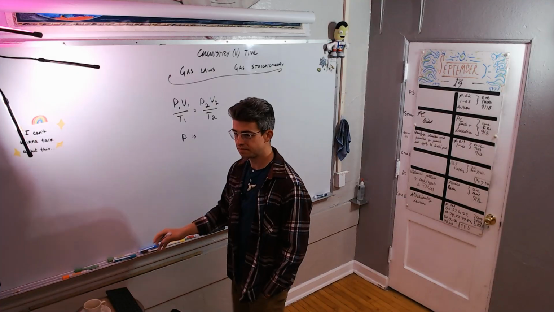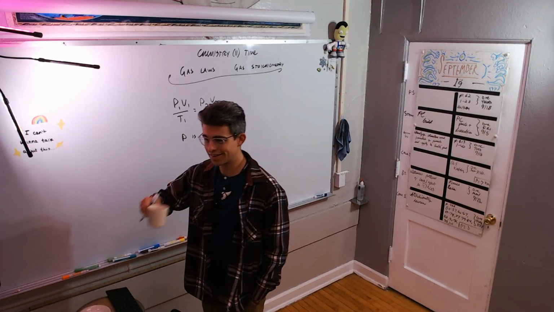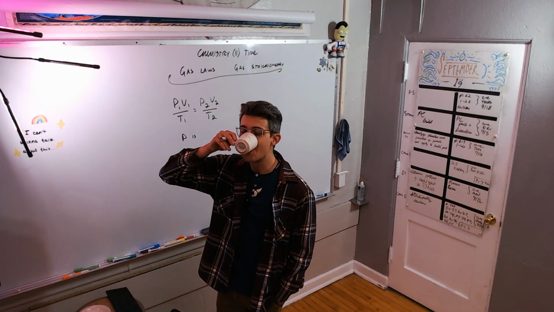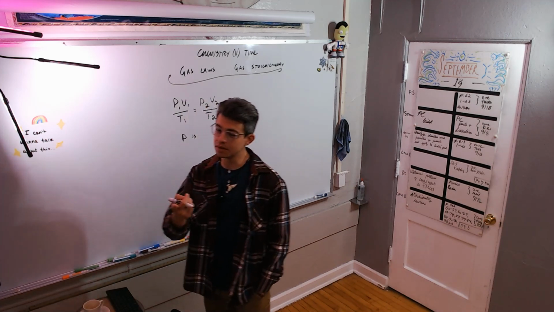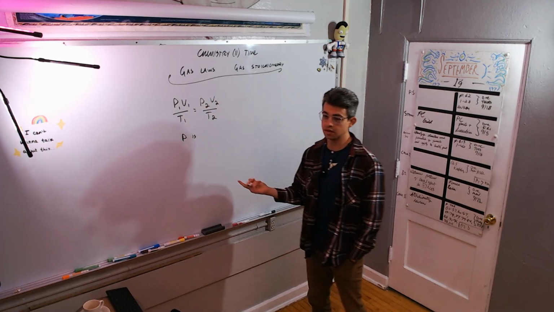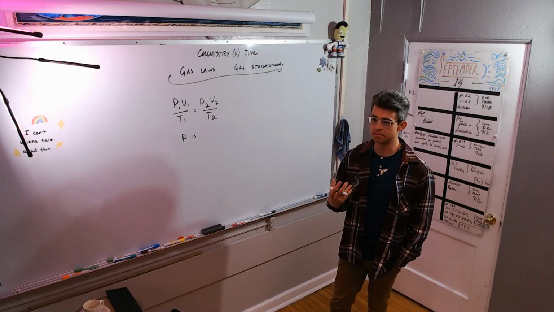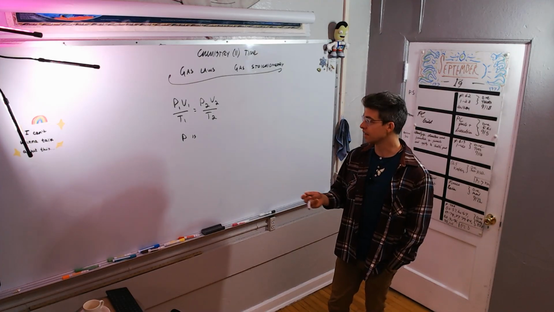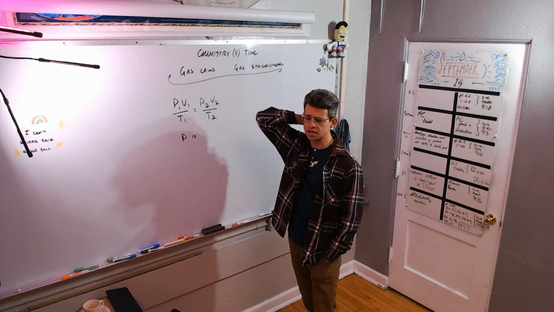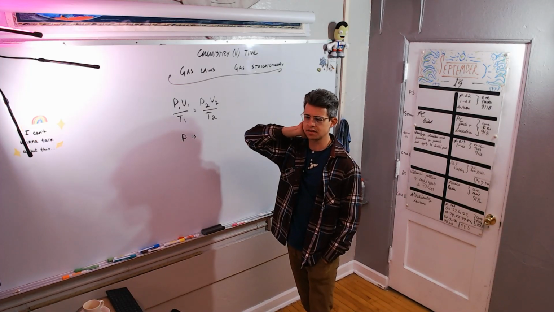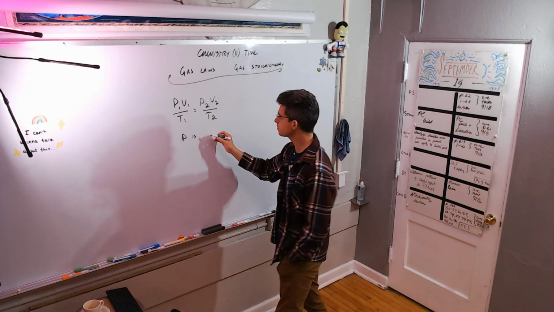Density? No, that's rho. At first I was like, bad guess, but actually that is a good guess. But you're wrong. What quantity could a gas depend on that might start with the letter P? Pressure. There you go.